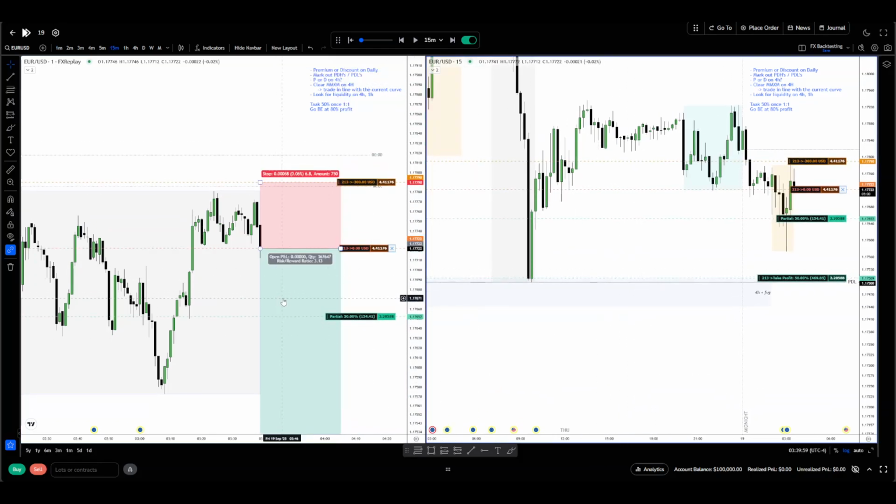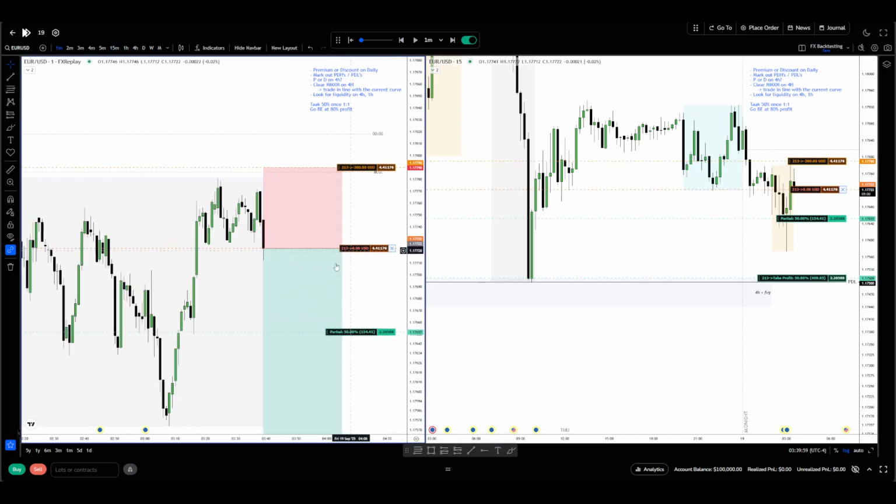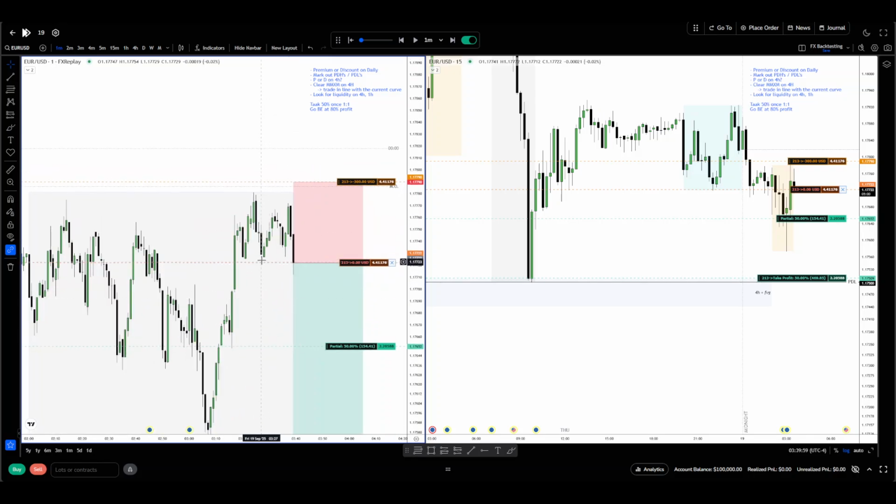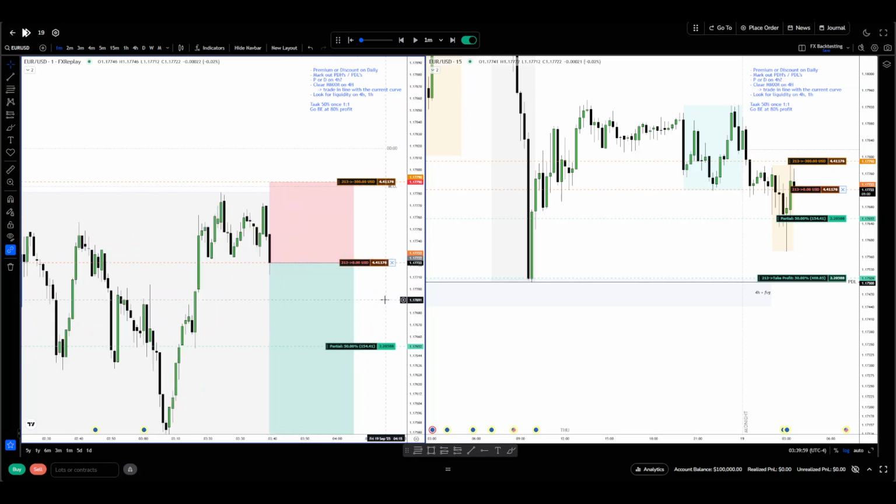Okay, so the reason to enter here is this high took out the liquidity. Then we have a move lower, but we did not take out this low yet. Then we traded higher, recreating equal lows. Then we trade higher again. We take out this high, but we are respecting this high right here. And now I see two displacement candles.